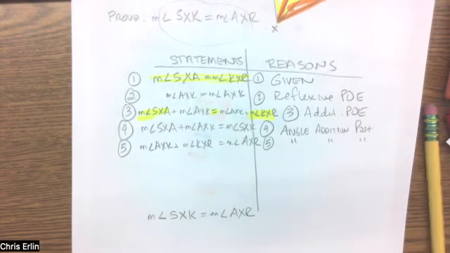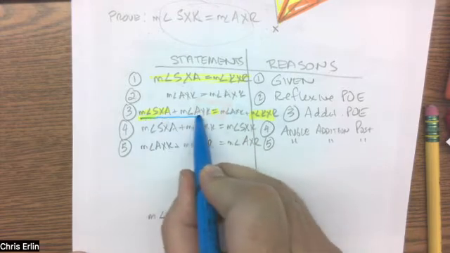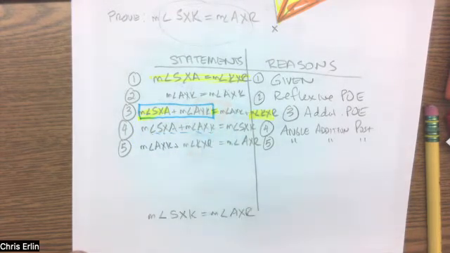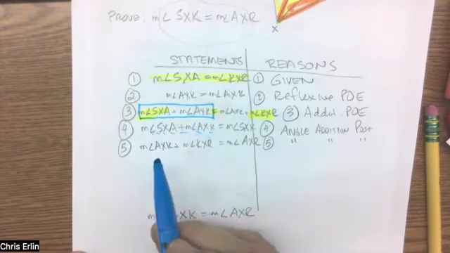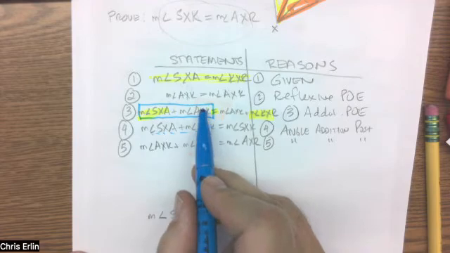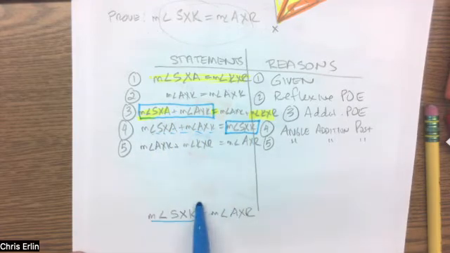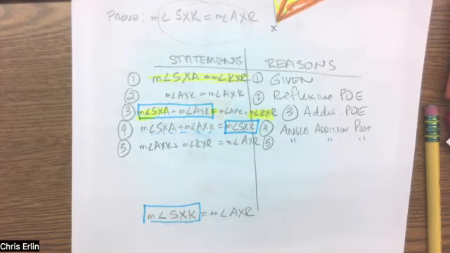All right, how does that help us? Is this thing the same as this? These are the same, right? So I can replace this with what these two are equal to, which is that.